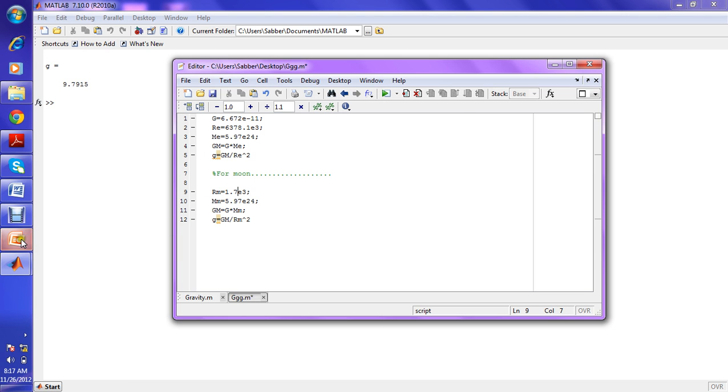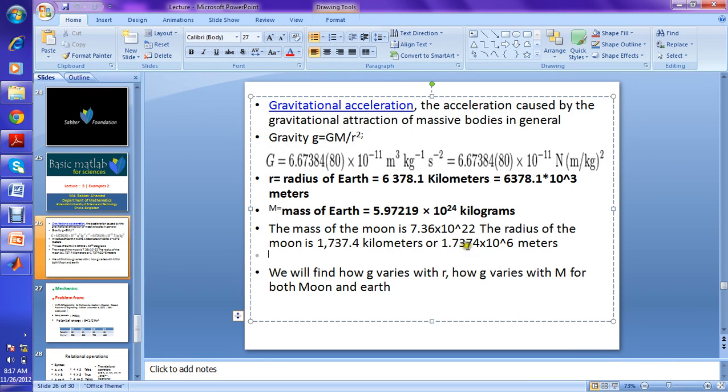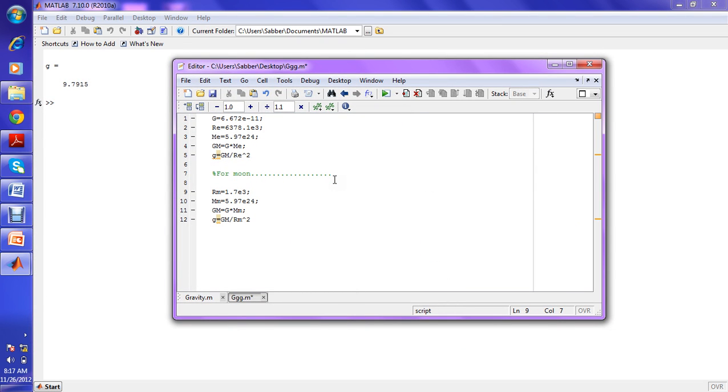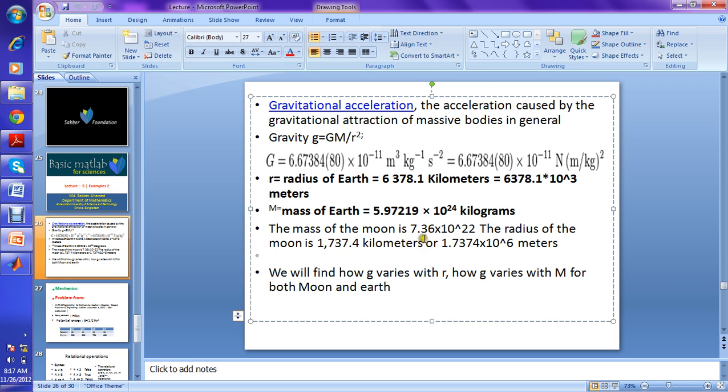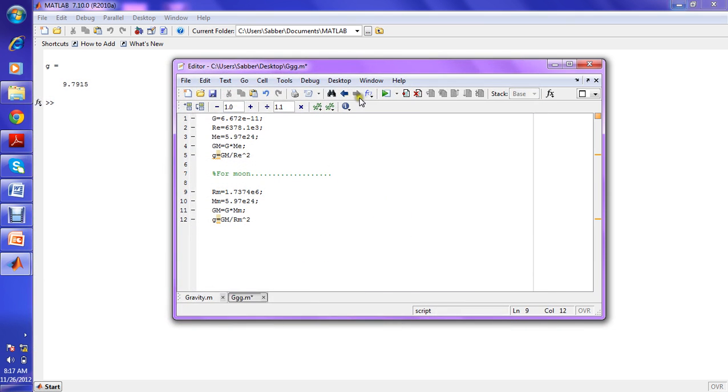What's the mass of the moon? The mass is 7.36 times 10 to the power 22. Here it is.